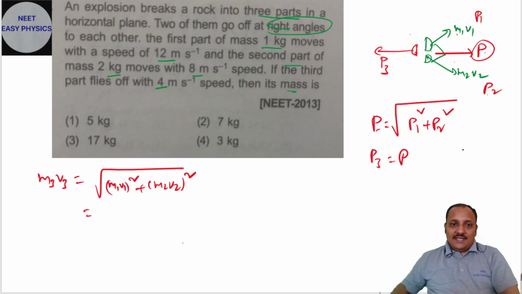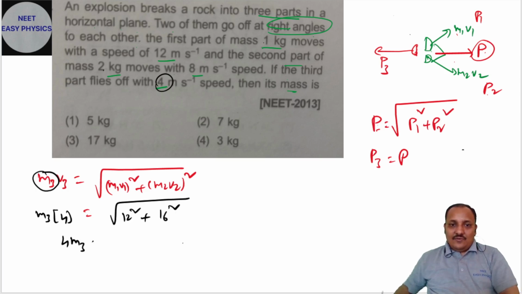What are they asking here? M3. So, M3 into the velocity of the third one, which is 4, equals root of (1 into 12) square plus (2 into 8) square, that is 16 square. Therefore, 4M3 is equal to root of 144 plus 256.